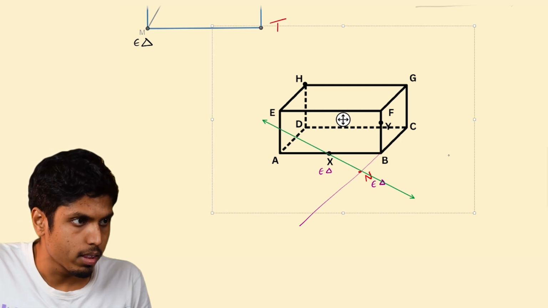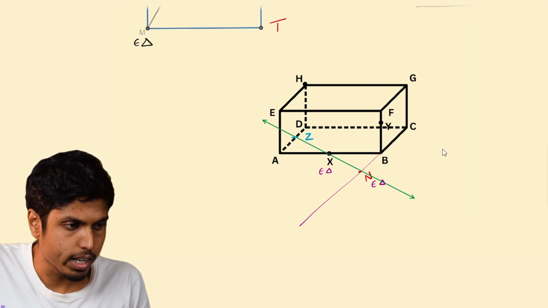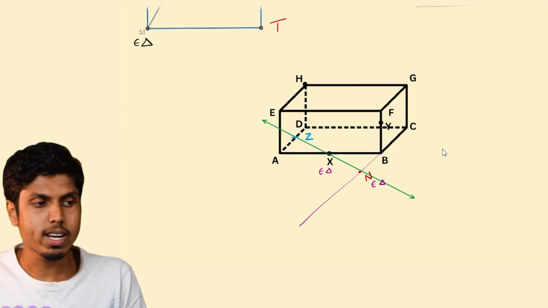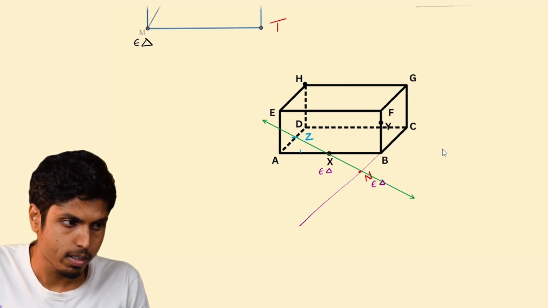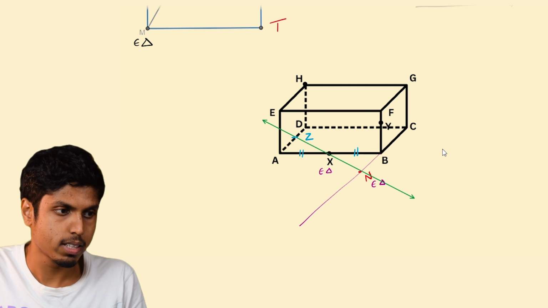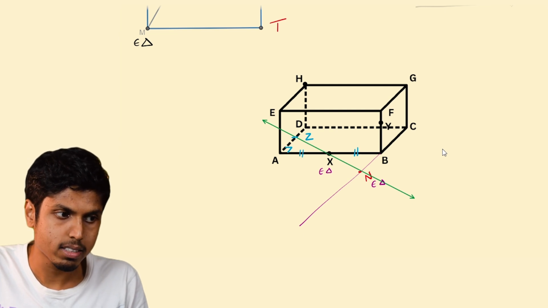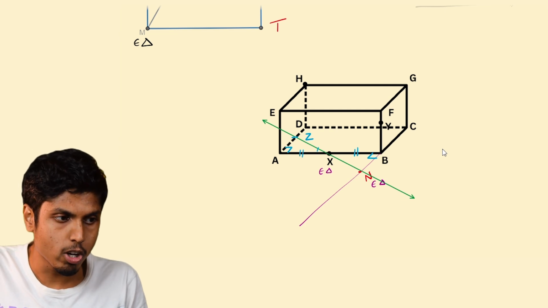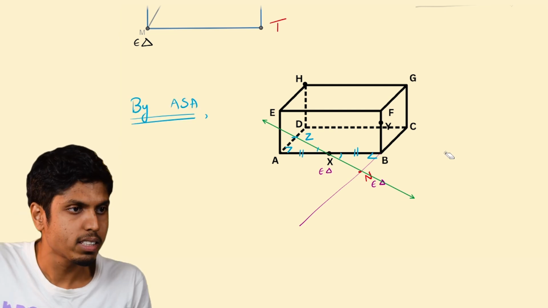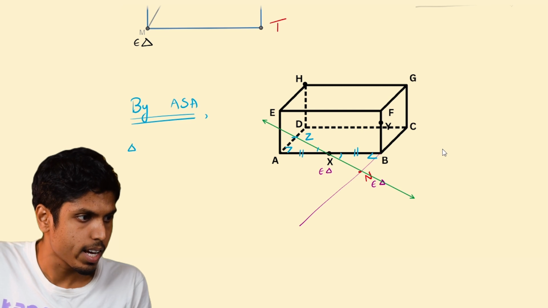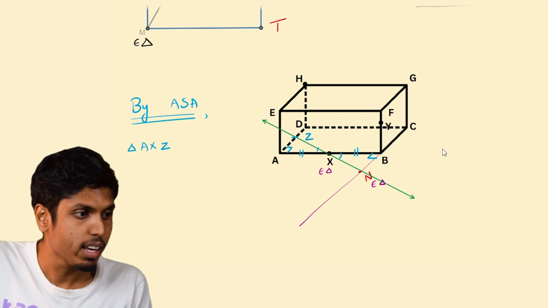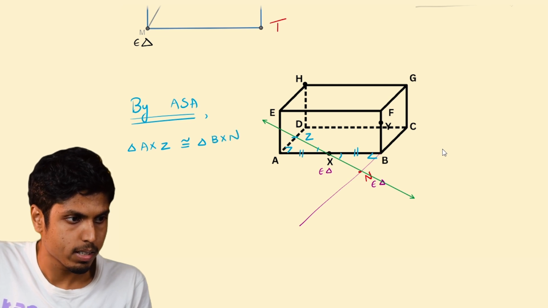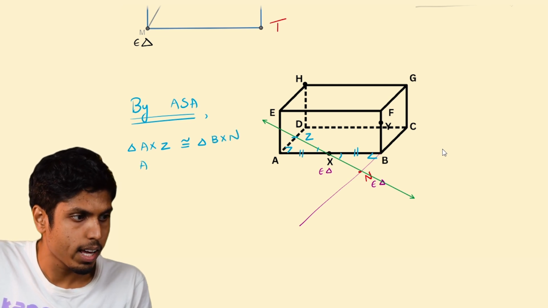So now, this is the point Z that we are interested in. But do notice that X is the midpoint. So AX is equal to BX. And we have angle DAX 90, which is equal to XBN 90, and vertically opposite angles. Thus, by ASA congruence, triangle AXZ is congruent to triangle BXN. Thus, we get AZ equal to BN.